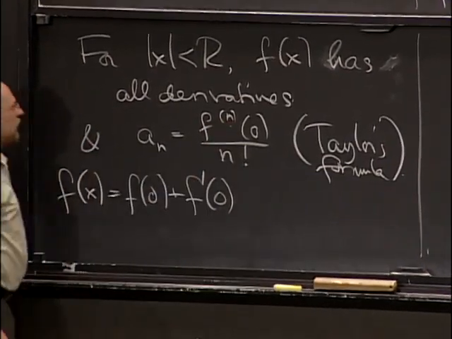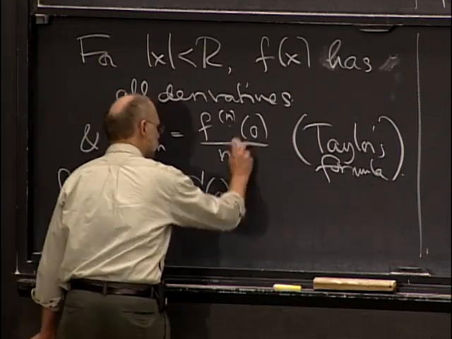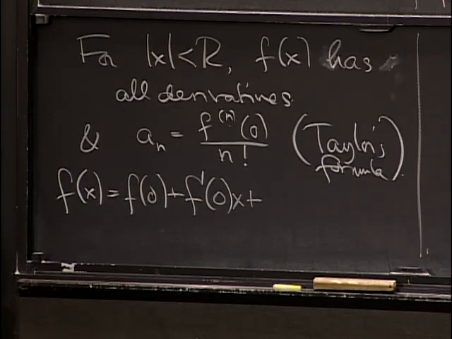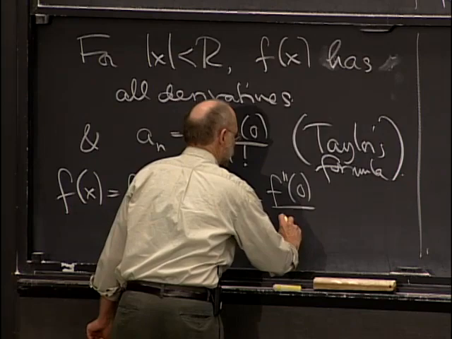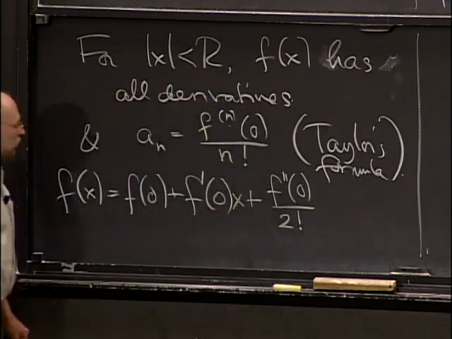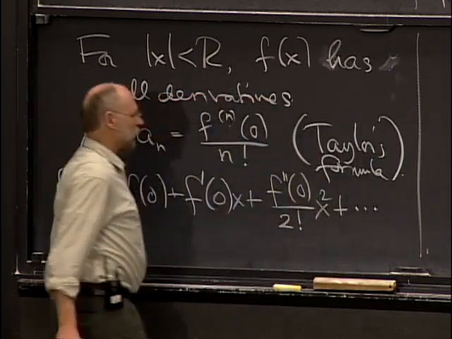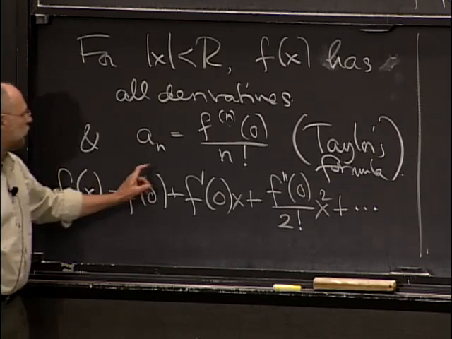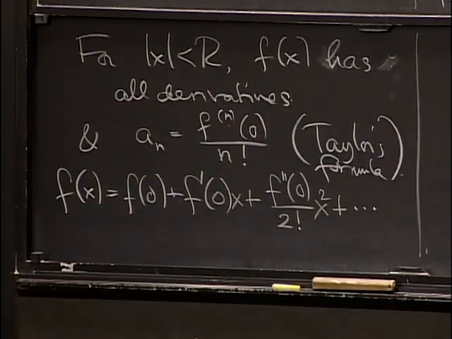This bracket n means you take the derivative n times. So when n is 1, you take the derivative once at 0, divide it by 1 factorial, which is 1, and multiply it by x. That's the linear term in the power series. And then the quadratic term is you take the second derivative, remember to divide by 2 factorial, which is 2, multiply that by x squared, and so on out. So the coefficients in the power series just record the values of the derivatives of the function at x equals 0. And they can be computed that way also.